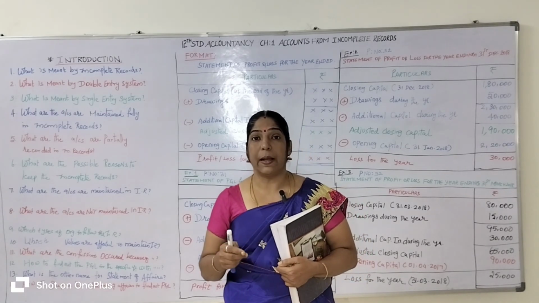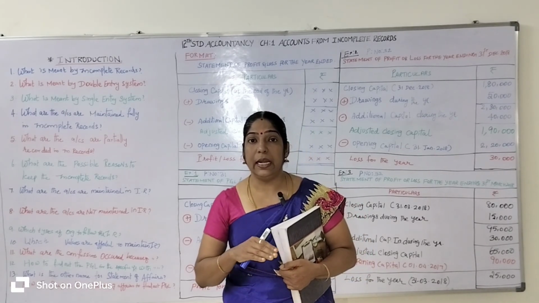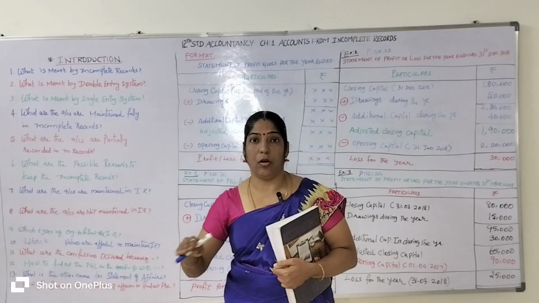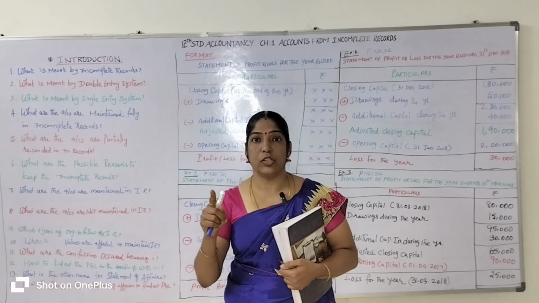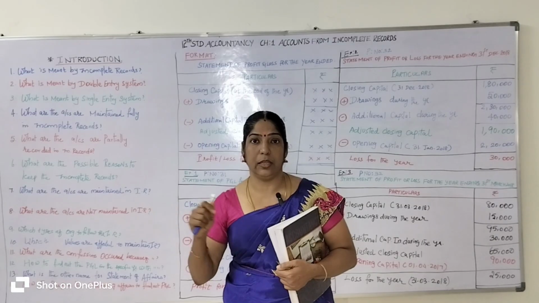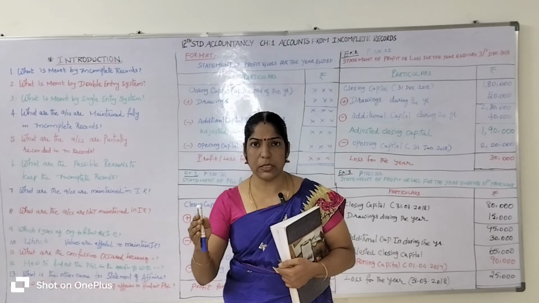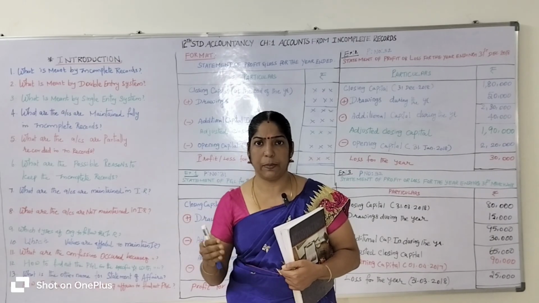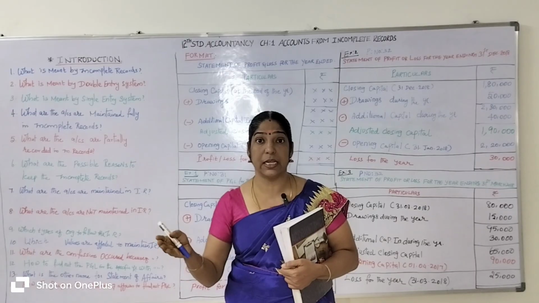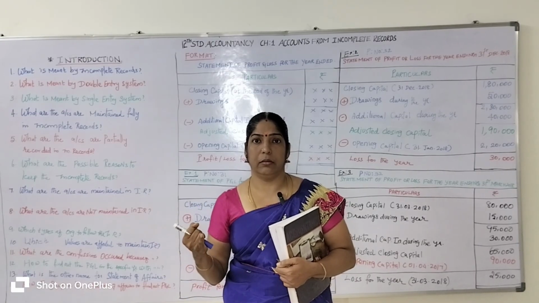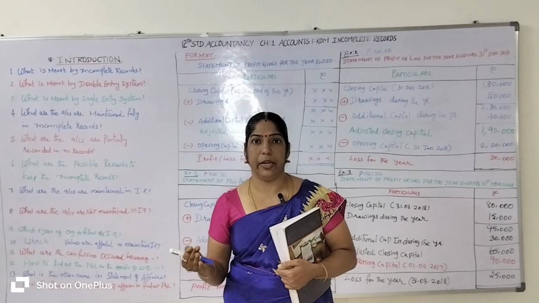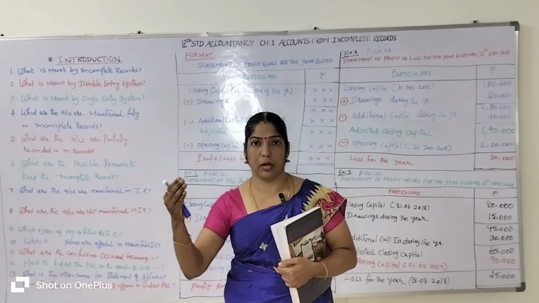Even though some transactions they didn't record at all. Say for example, depreciation 10% on fixed asset 10,000 rupees. What is meant by fixed asset? Say for example, some fixed asset items are furniture, plant and machinery, land and building, furniture, debtors.